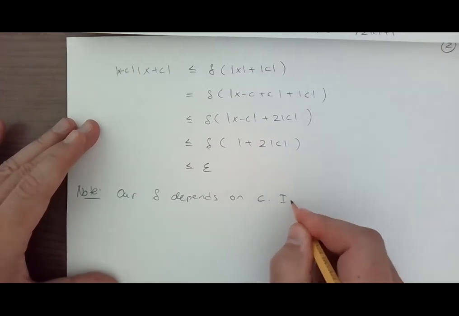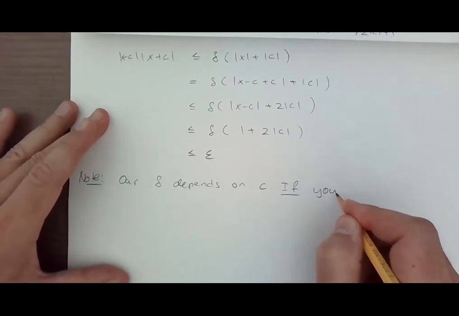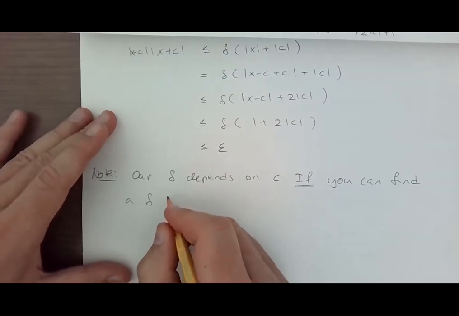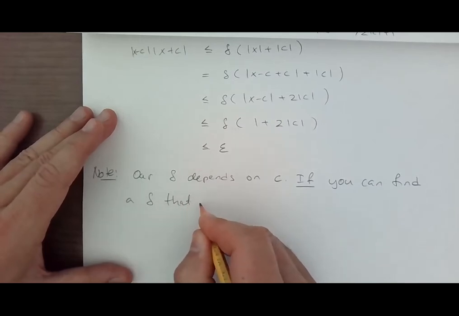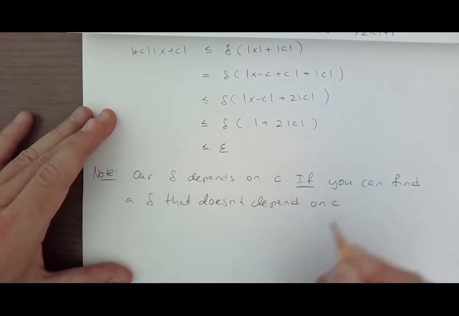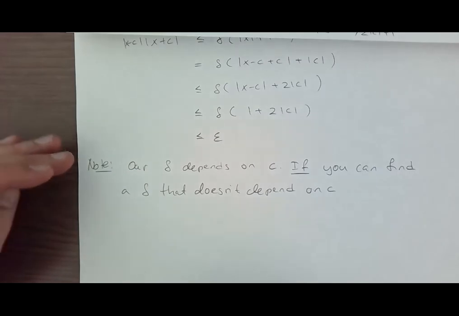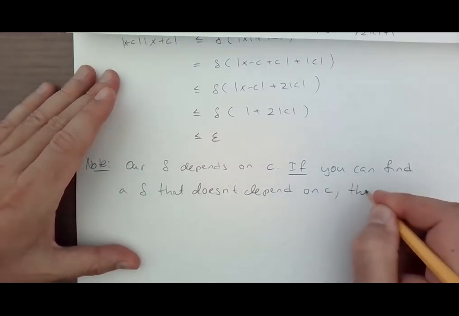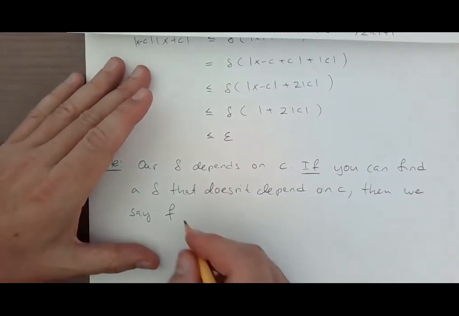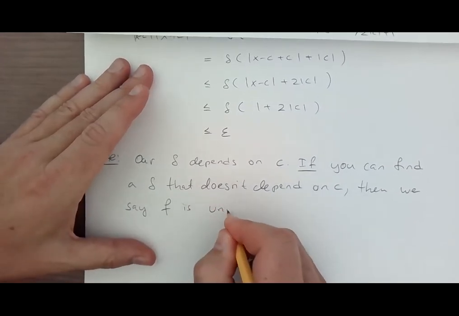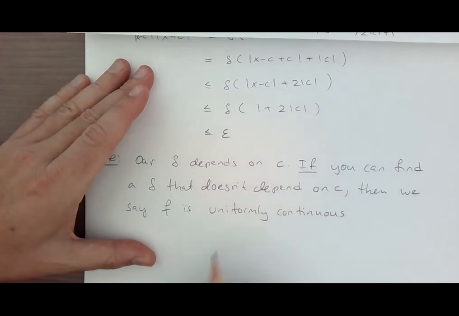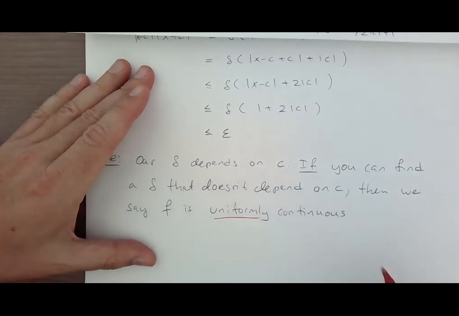So if, and this is a big one, if you can find a delta that does not depend on c, well then we say f is, and this is a new buzzword, uniformly continuous. So that's a new buzzword here: uniformly continuous.